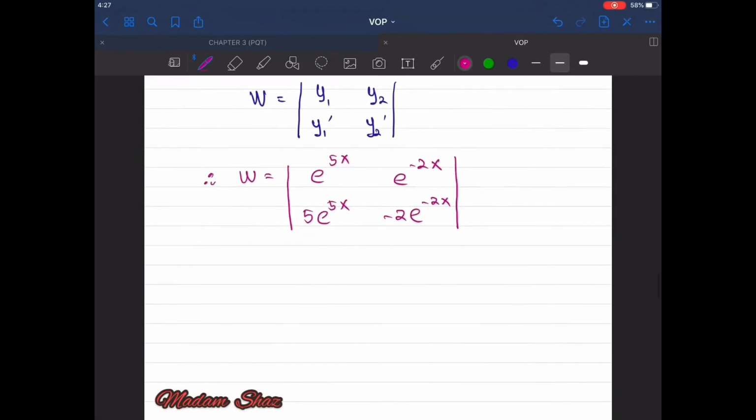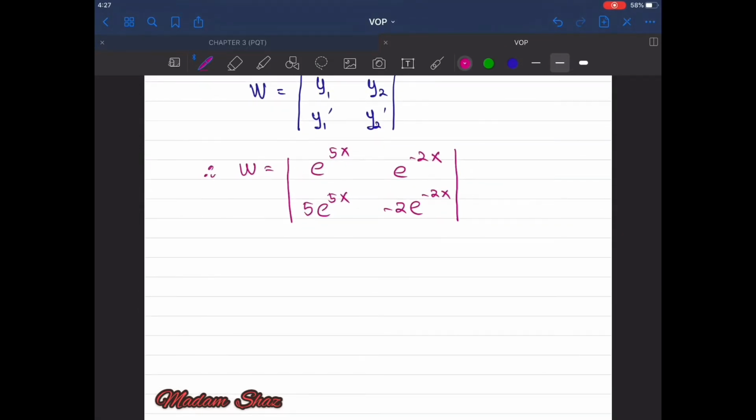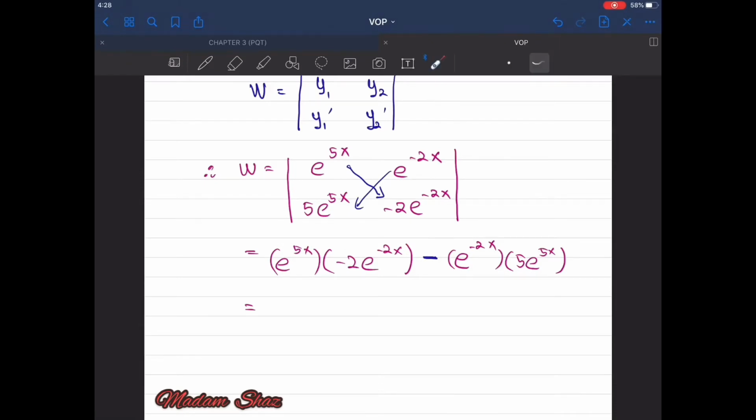Now you have to determine the value of w by calculating the determinant. So cross multiply: exponent 5x multiply negative 2 exponent negative 2x, minus here because the formula for the w is minus, exponent negative 2x multiply 5 exponent 5x. Always remember that the value for the w is only one term.